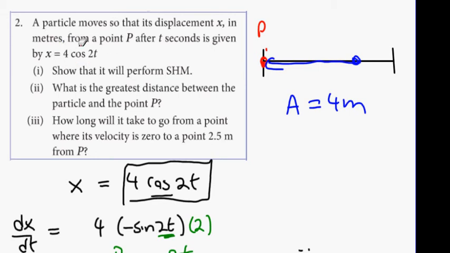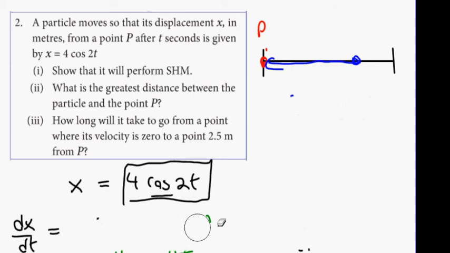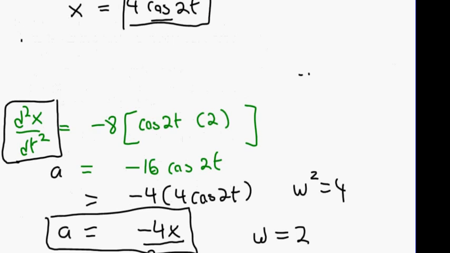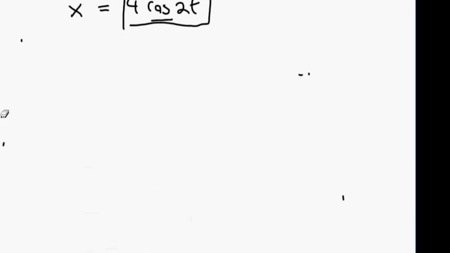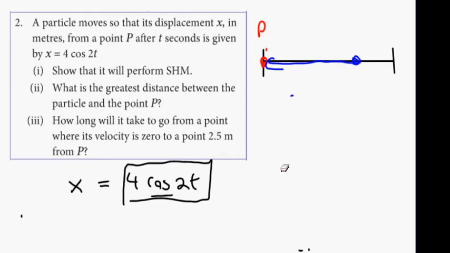Now, how long will it take to go from a point where the velocity is 0 to a point 2.5 meters away from P? There's two sets of data there, guys, okay? So here's your data. You have how long, which is a time question, from a point where the velocity is 0.